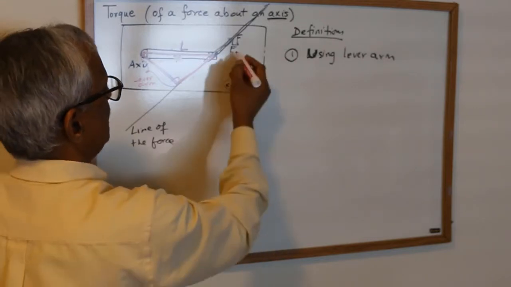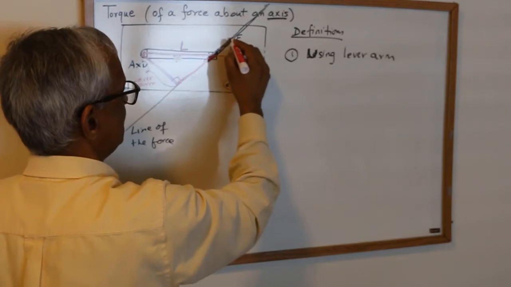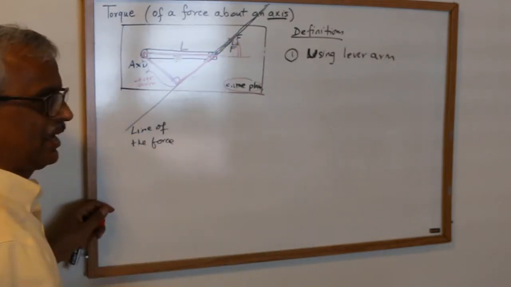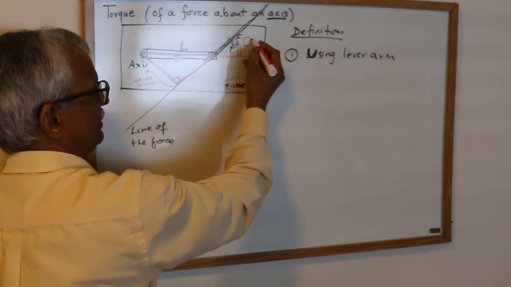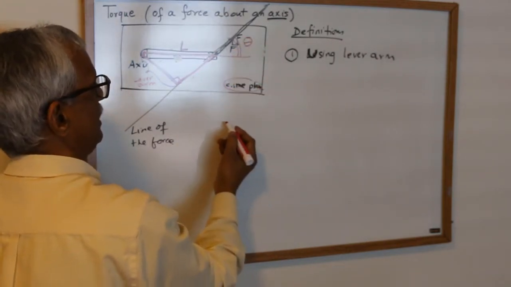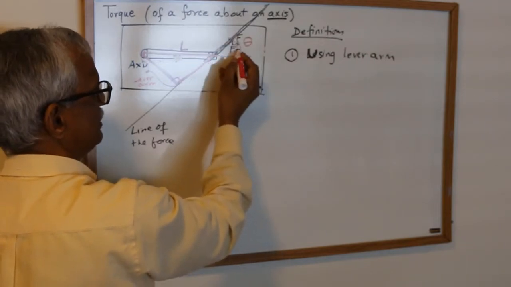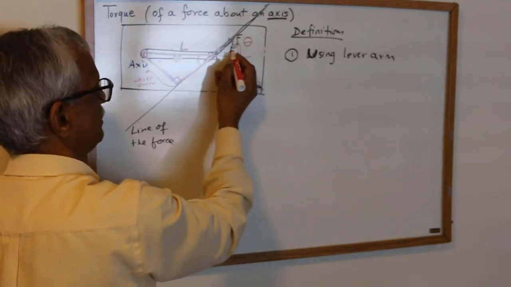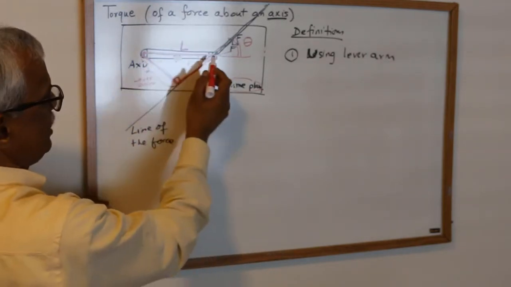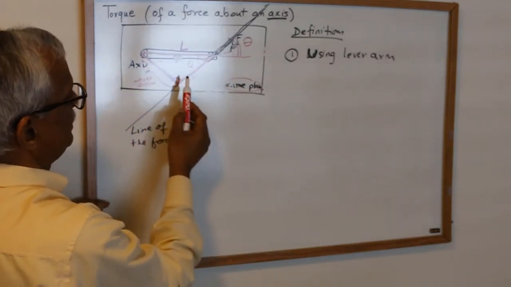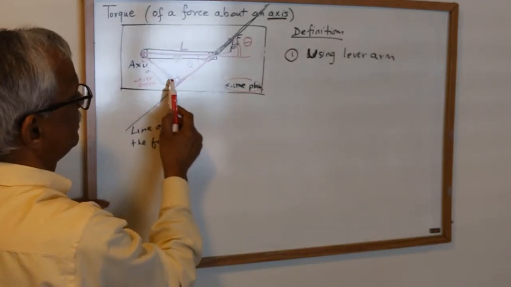When the force is given, maybe this angle is given. This angle is usually given as the angle at which the force is acting. So suppose this is theta; then by the crossing of the two straight lines, this will be theta too. Now this triangle tells me that the lever arm here is L times, what do you think?